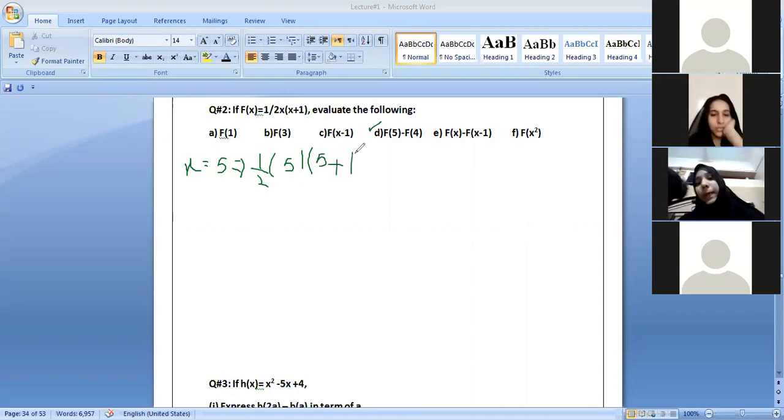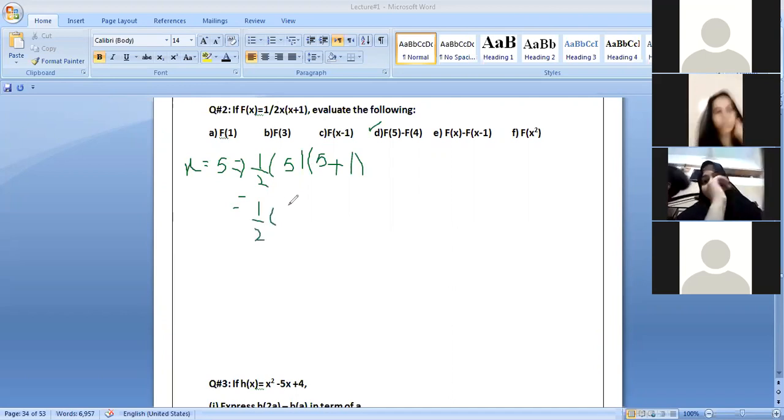Okay, the question is given in book. So now it becomes 1 upon 2, 5 plus 1. 5 plus 1 क्या हो जाएगा हमारे पास? 6.